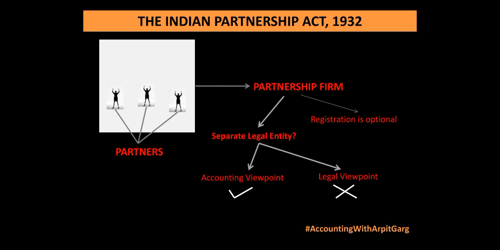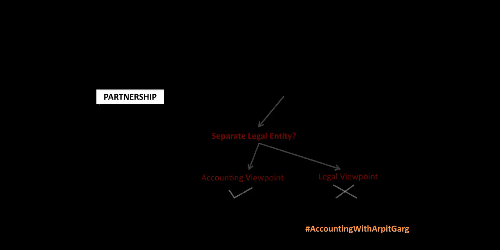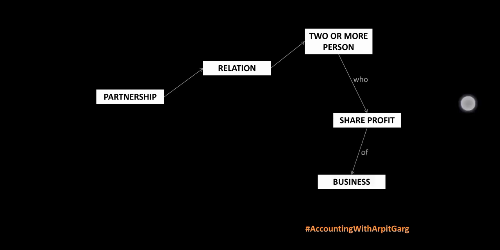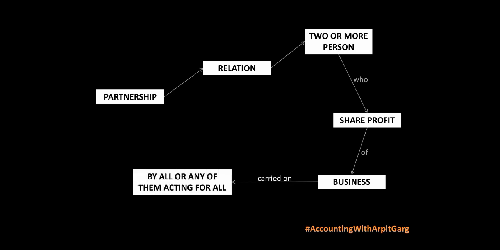So let's discuss what is partnership. According to the Partnership Act 1932, partnership is the relation between two or more persons who have agreed to share profit of business carried on by all or any of them acting for all. Now, why share profit?